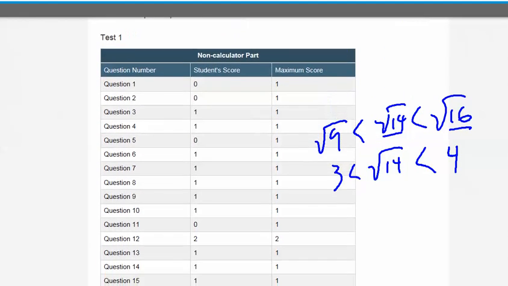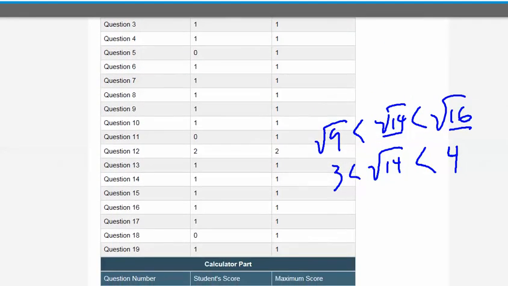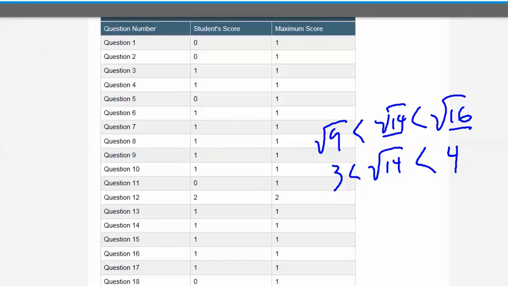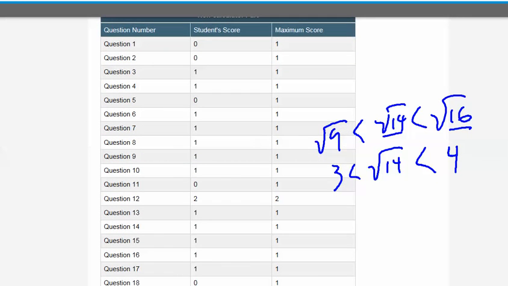For all the answers we entered in, we did pretty darn good. Did we enter in 18? No, we didn't answer some of these. Okay, so there we have it. Since I don't have a keyboard, it was easier to just write it.